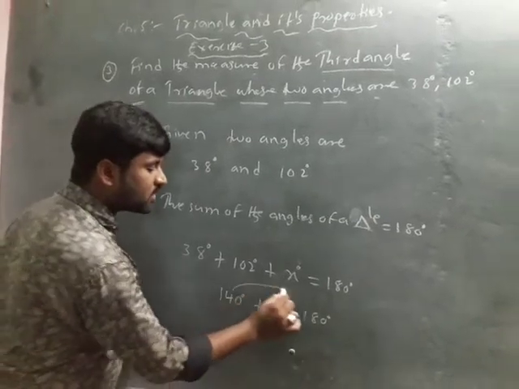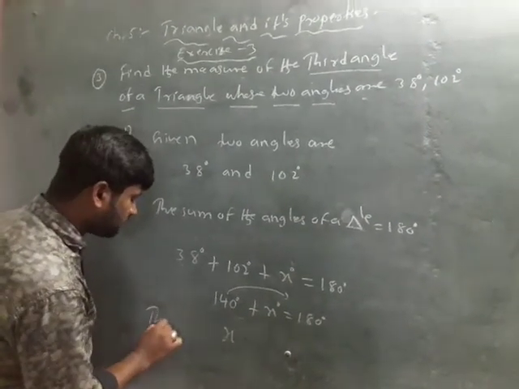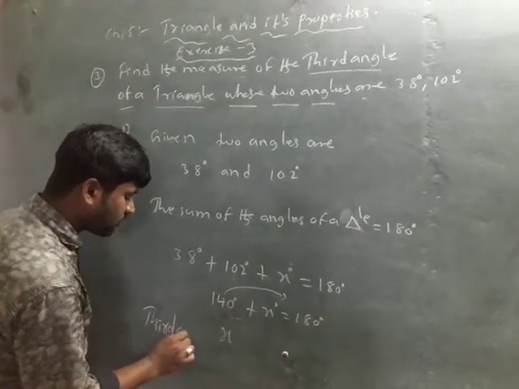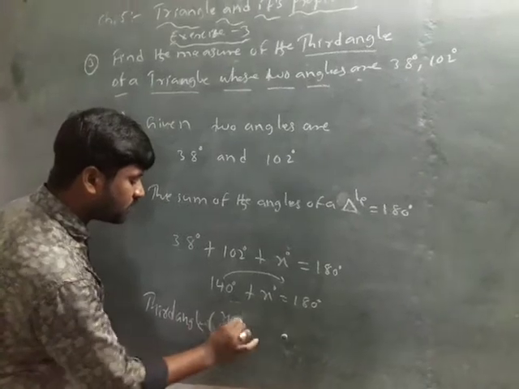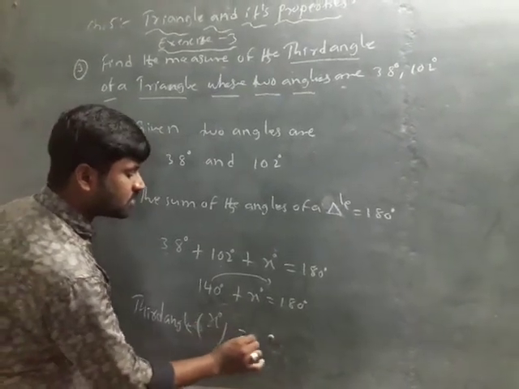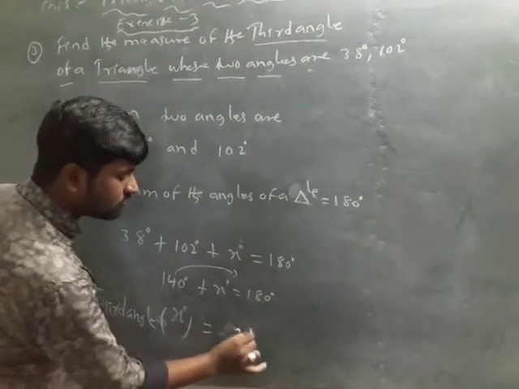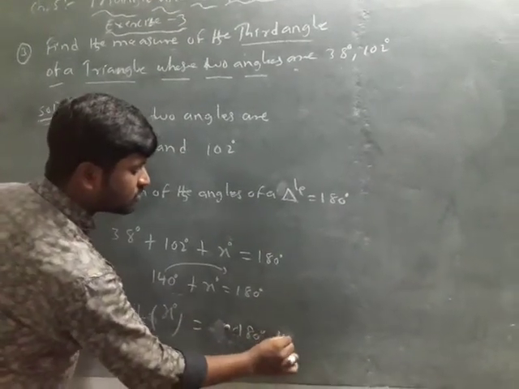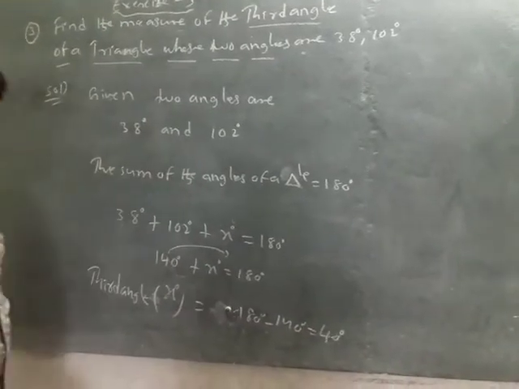Now 140 degrees is transposed to the RHS, then the third angle, that is nothing but x degrees, is equal to 180 degrees minus 140 degrees, that is equal to 40 degrees.